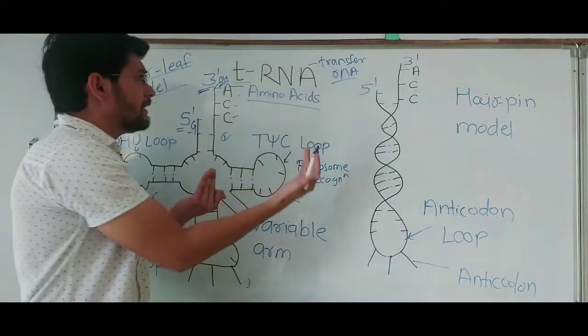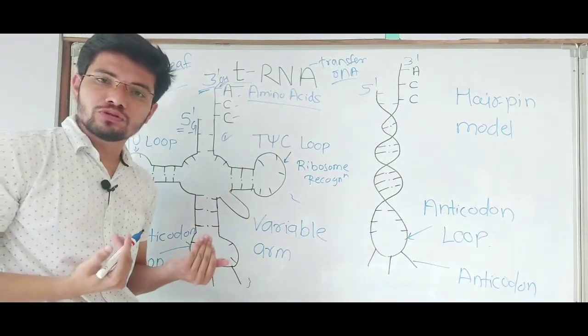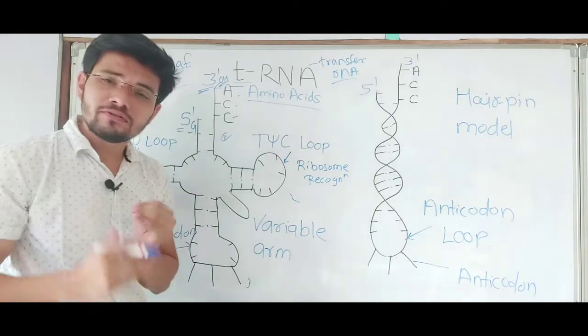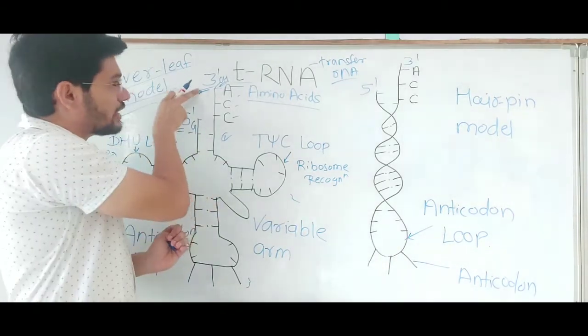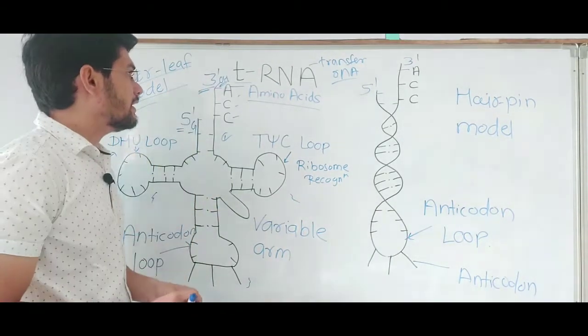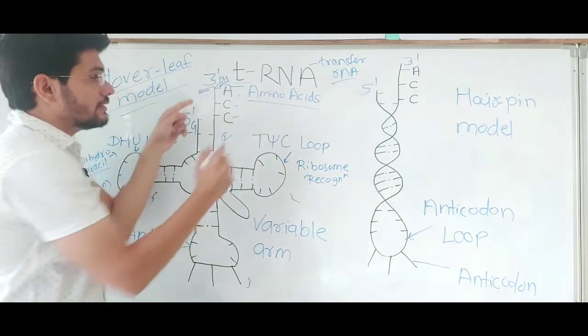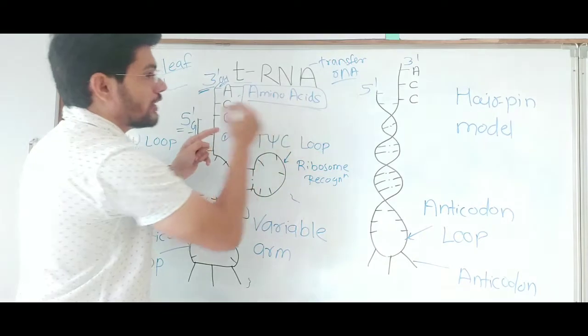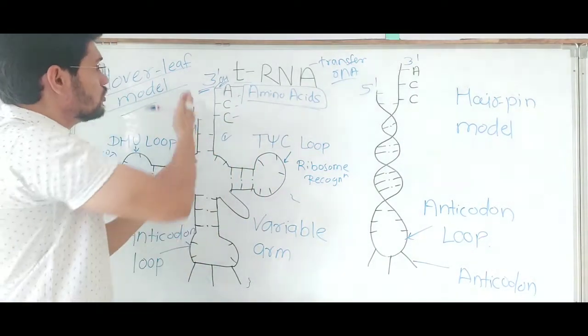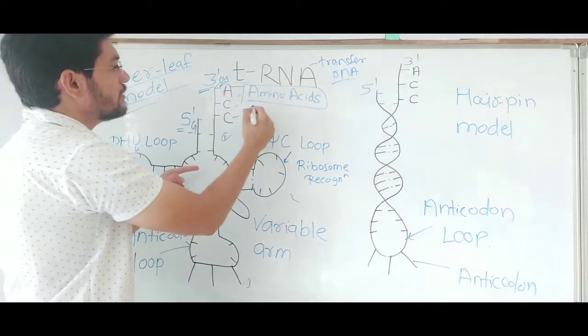As it brings amino acids to the site of ribosomes, these amino acids will get joined at the 3' site, because it has a free hydroxyl group. So at this site the amino acids will get joined. So it is also called the amino acid binding site.